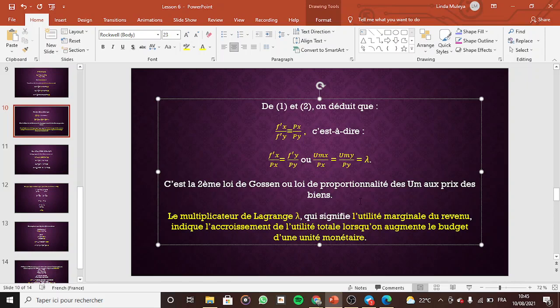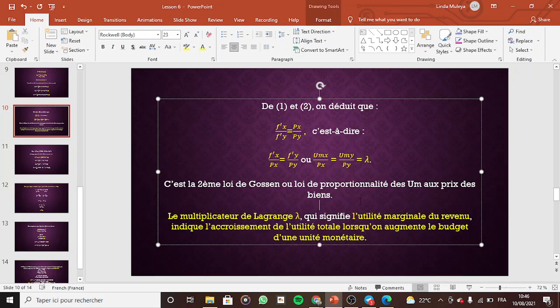I mentioned at the beginning of this section that we would still be reasoning from the second law of Gaussian. And so we saw that even in the previous lesson, how that application still came back to the second law of Gaussian, which is the law of weighted marginal utilities. So even in this case, it still comes back to that law.